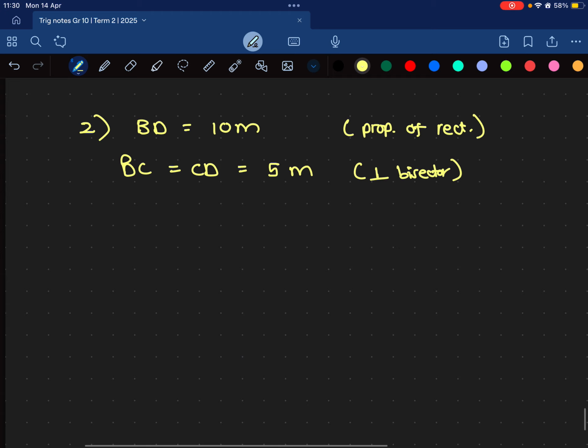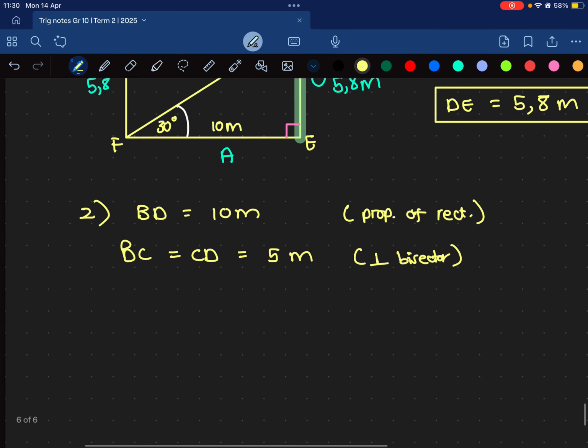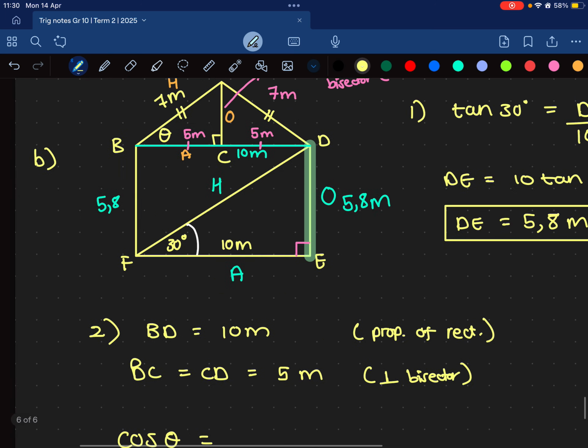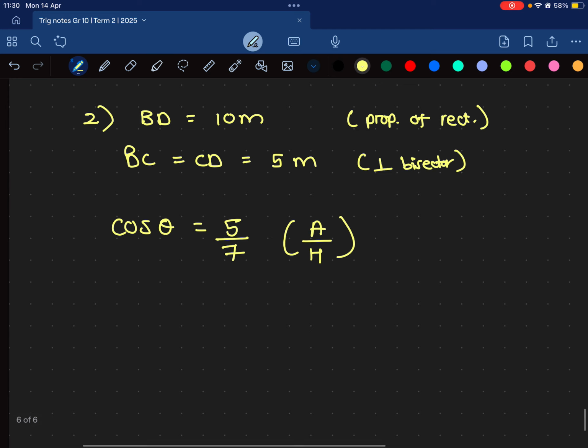Then if we continue, we said adjacent and hypotenuse is cos, so cos of theta is adjacent, which is 5, over hypotenuse, which is 7. Now remember, we're trying to solve for theta, which means that the cos is going to go to the other side, which we'll say arc cos or shift cos 5 over 7.